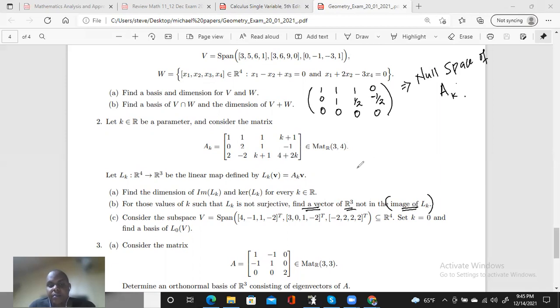So for us to find that, we just solve this for 0, because you know the kernel is the set of vectors that is mapped to 0, right?